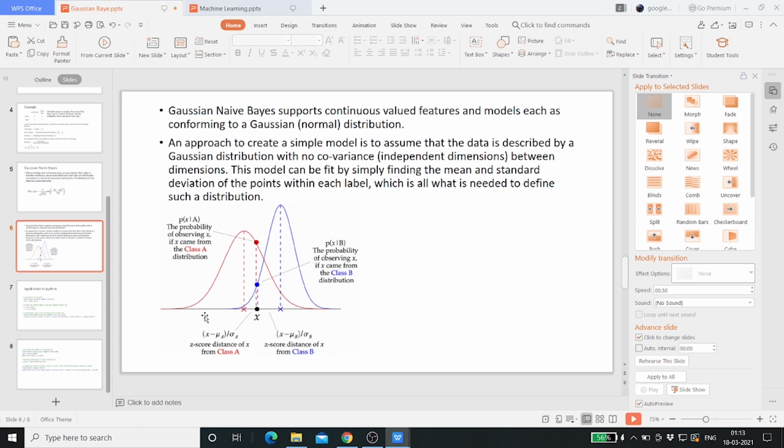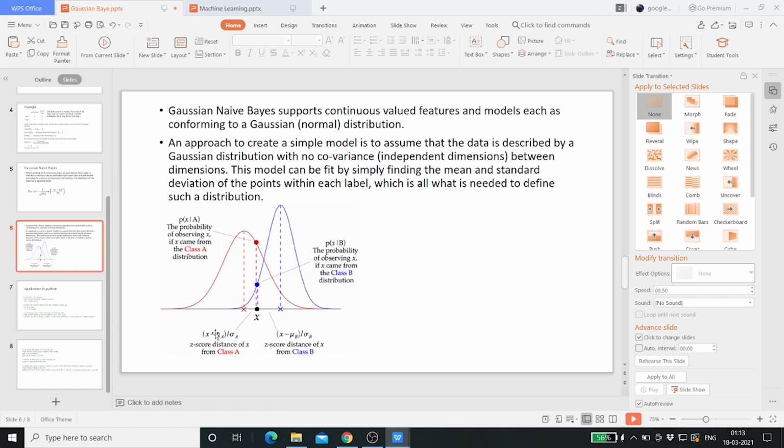So now there is an example point in front of us which has the feature value x. Now for x we have to calculate the probability that x belongs to class A and the probability that x belongs to class B. As you can see here, from the training data we trained the model to obtain these two curves.